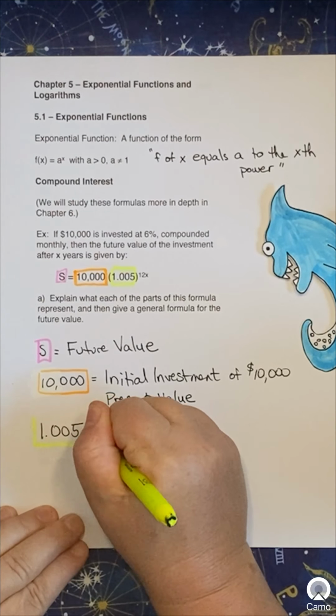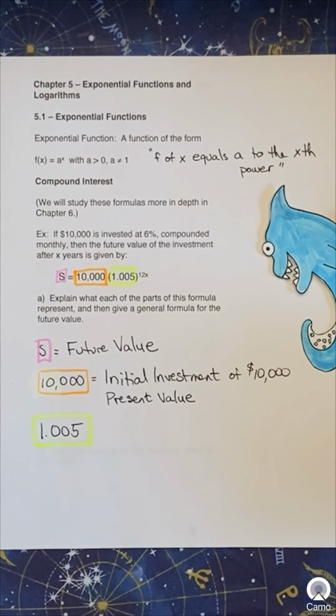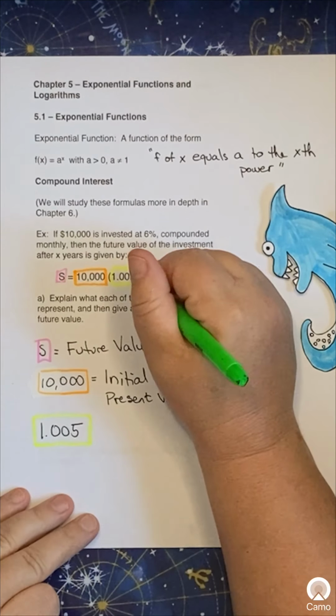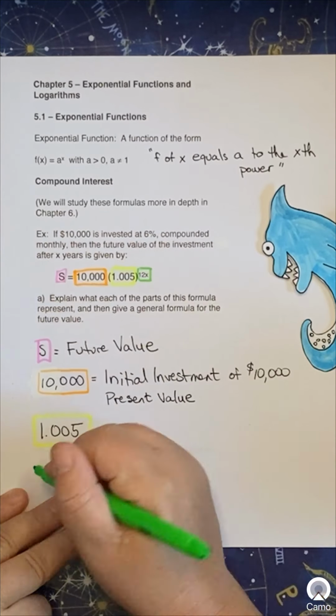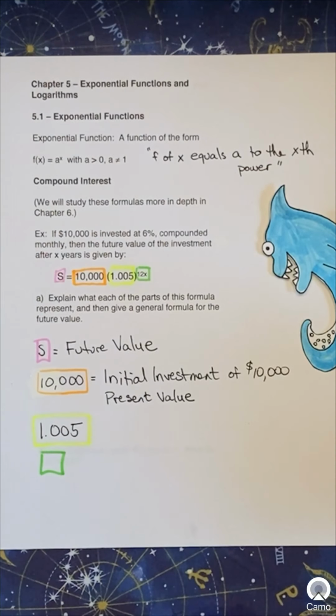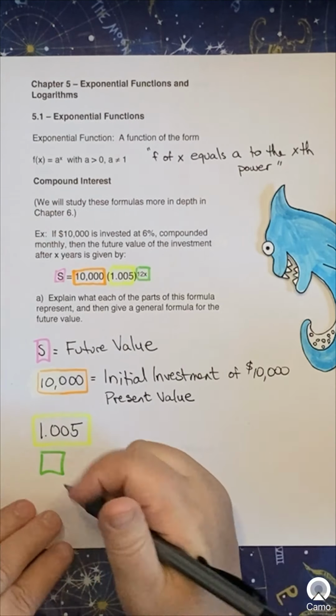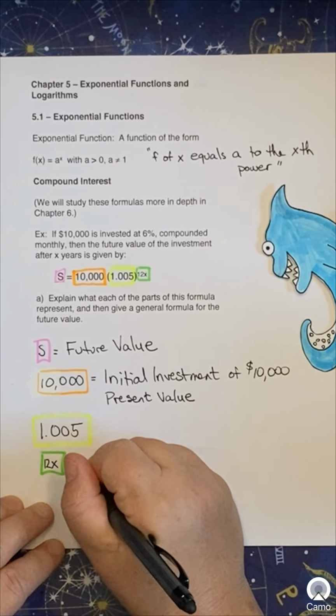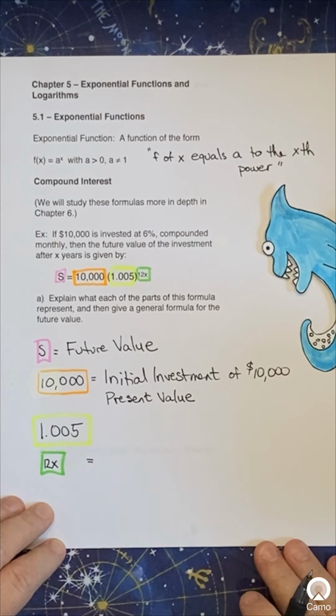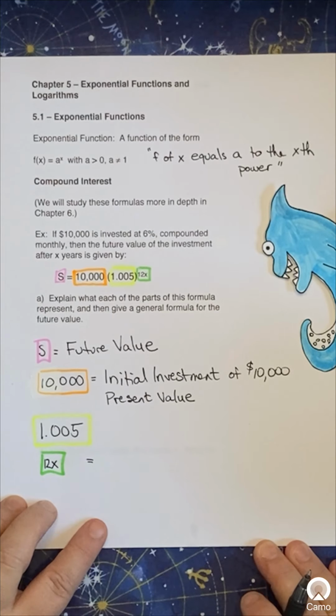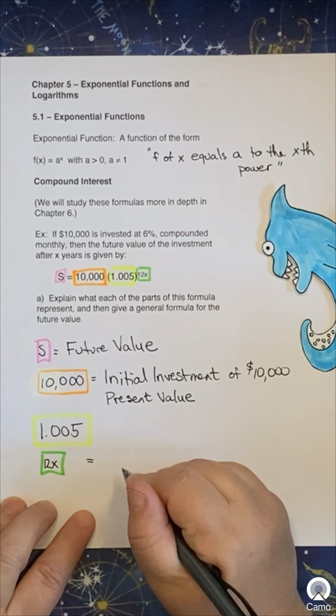So let's skip that one and go instead to the 12x. So we know what x is. X is the number of years.